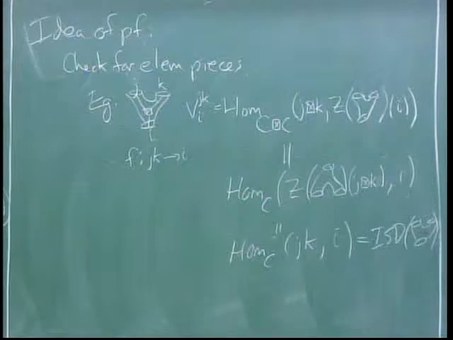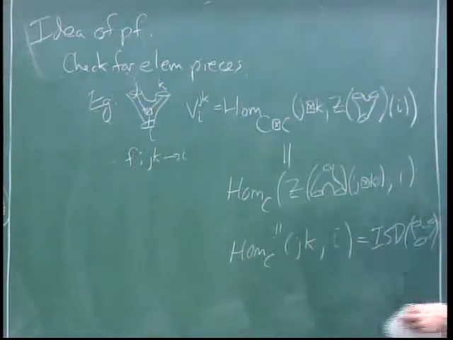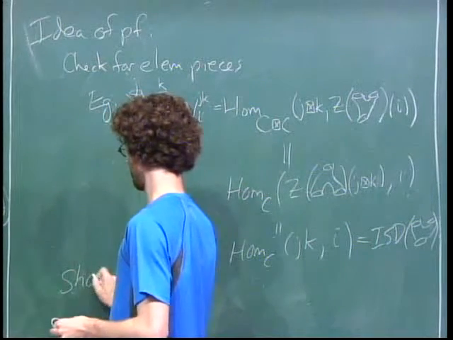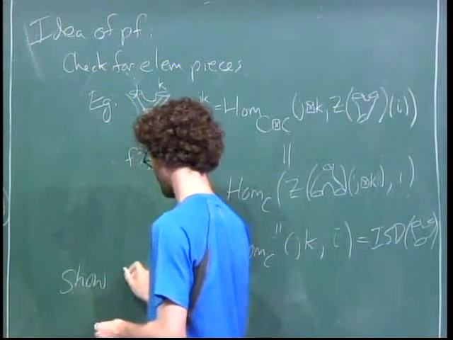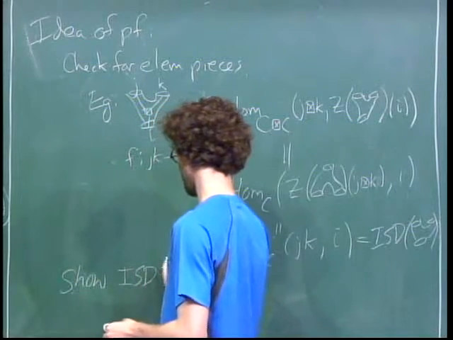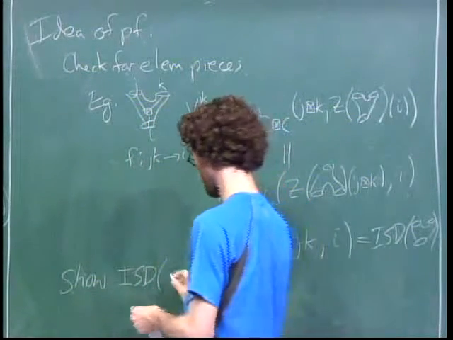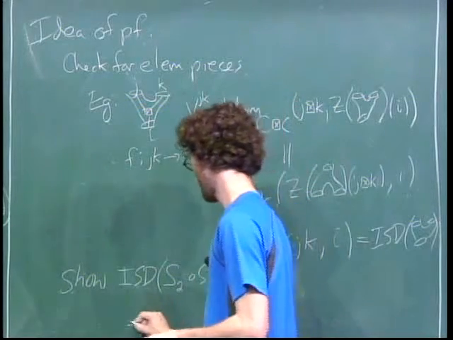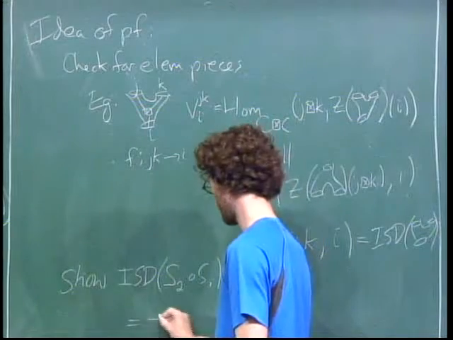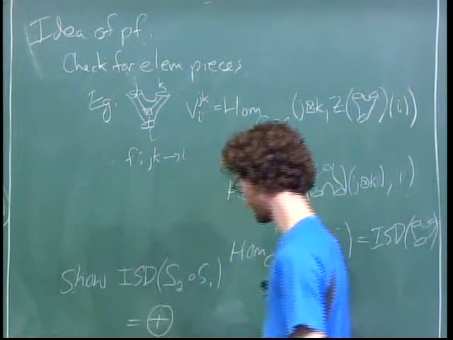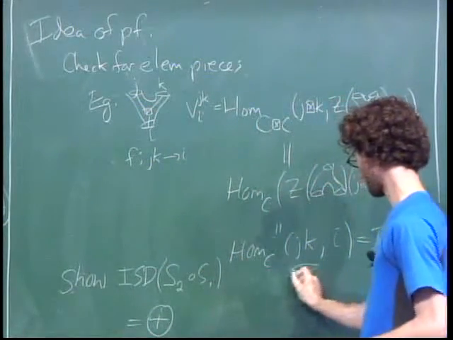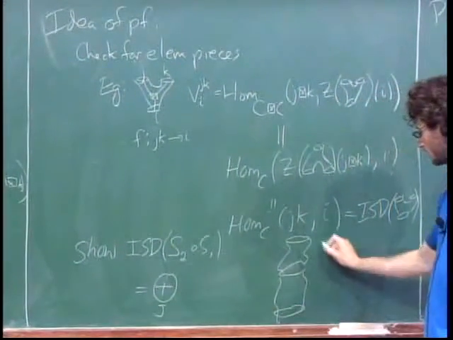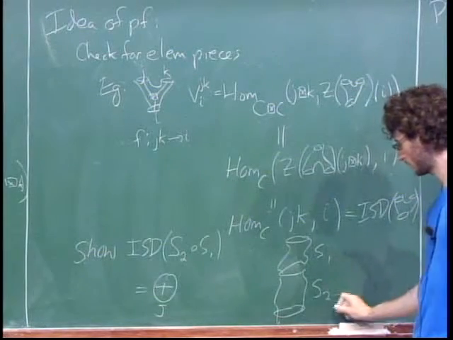Yes? No, okay. And so then what's left to do is you essentially have to show that these things compose nicely, that if you take the internal string diagrams on one surface, say S2, composed with another surface, S1, you need to know that that is the sum over all the ways of labeling. So what's the picture here? I have one surface, and then I'm gluing it to another surface. This is S1, this is S2.